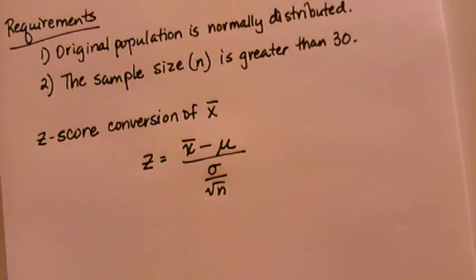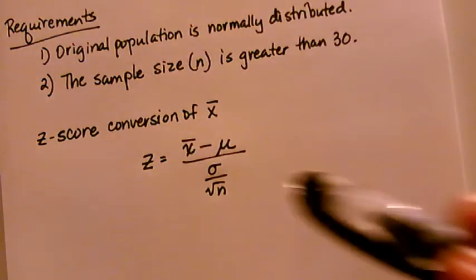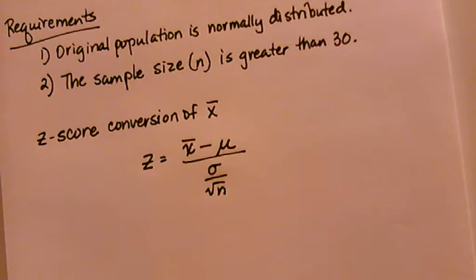Okay. Your x bar is your sample mean, mu is the population mean, and sigma over the square root of n represents the standard deviation of all of your sample means. Sigma divided by the square root of n represents the standard deviation of all the values of x bar. Okay.